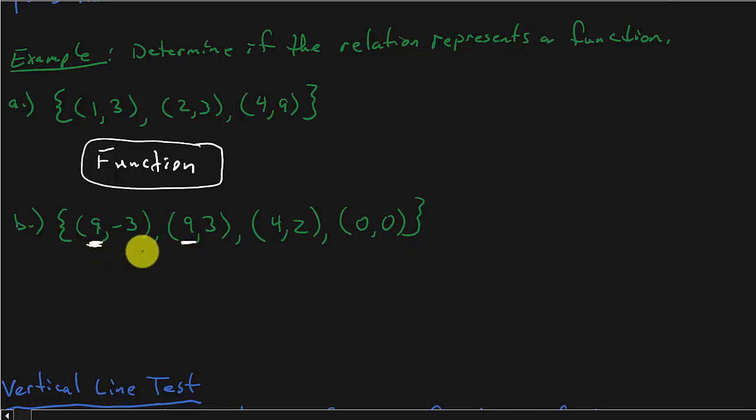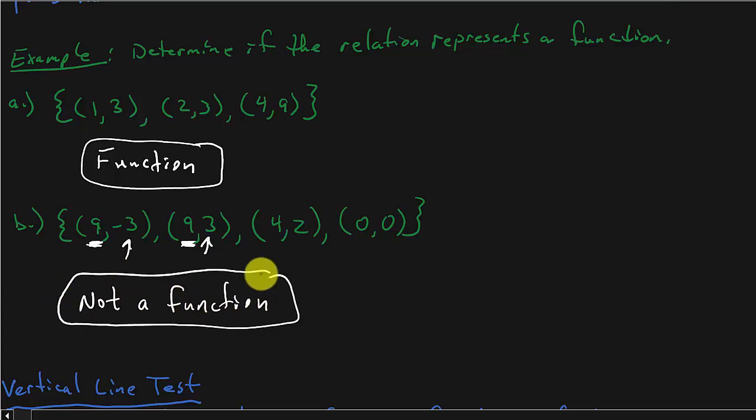See how we have the same x value and it's with two different y values? That means it's not a function. That's not a function because the same x value, the 9s, are associated with two different y values. So that means it's not a function.